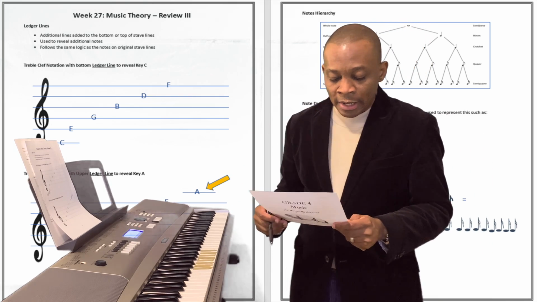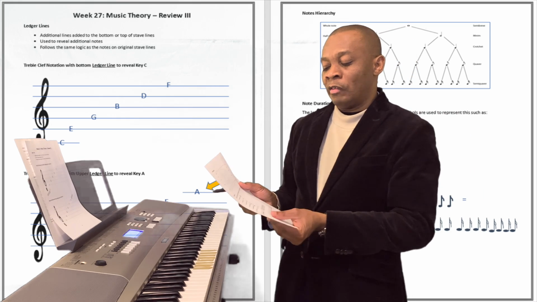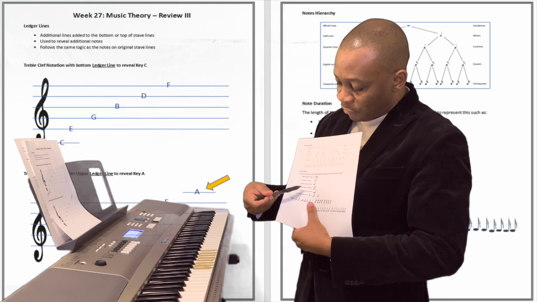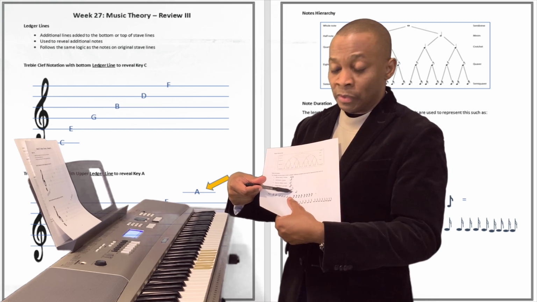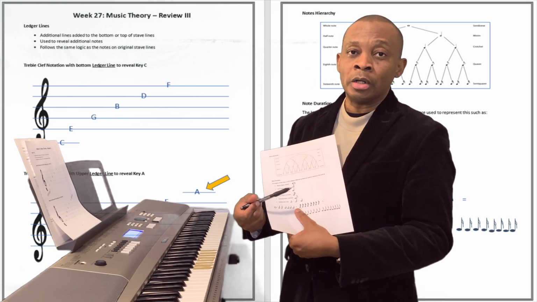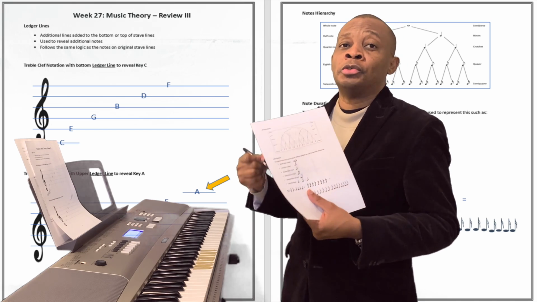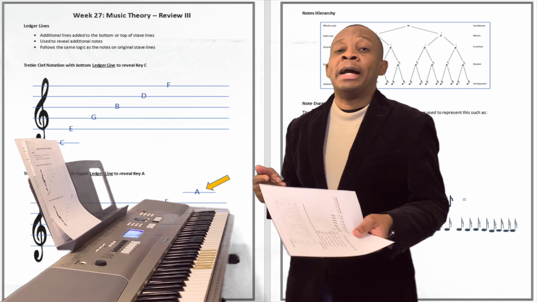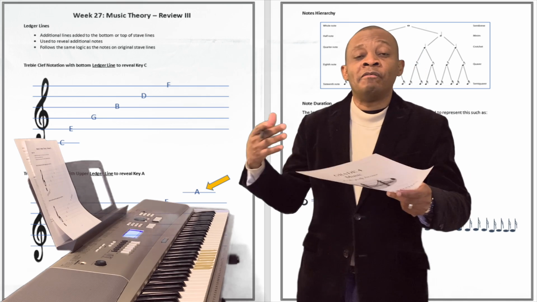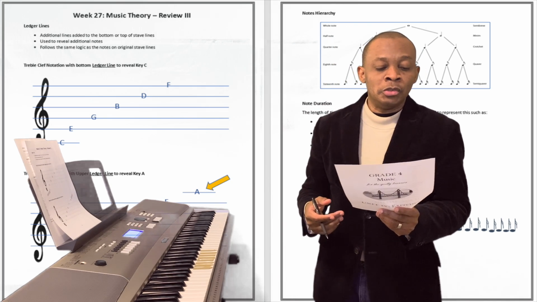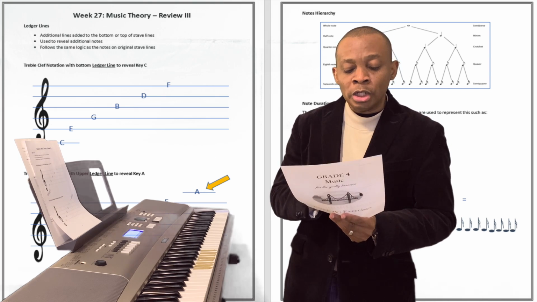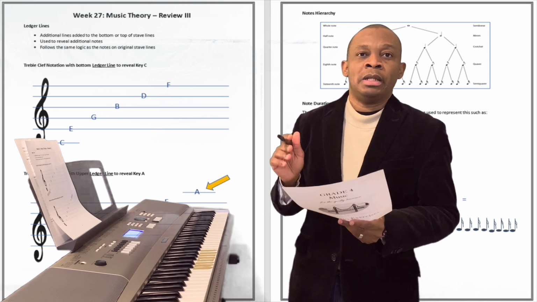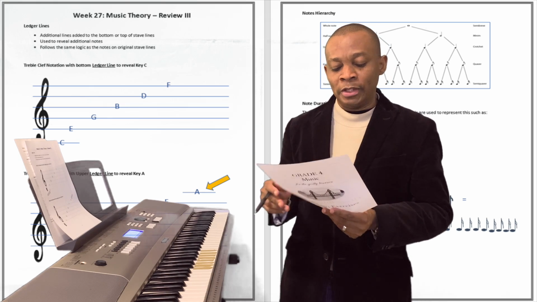All right. And then remember the concept of a dotted half note, which a dotted half note is going to be a half note plus a quarter note. In other words, you are going to stretch a note by half its value. So if you were to have a dotted quarter note, it's going to be a quarter note plus an 8th note. Okay, so don't forget that.